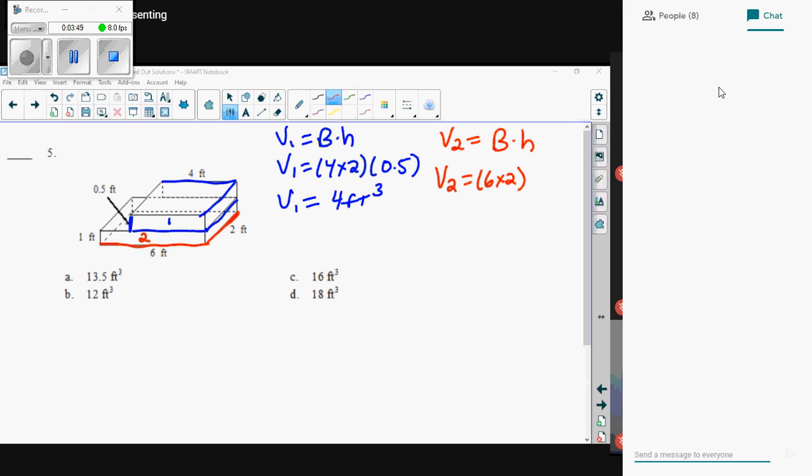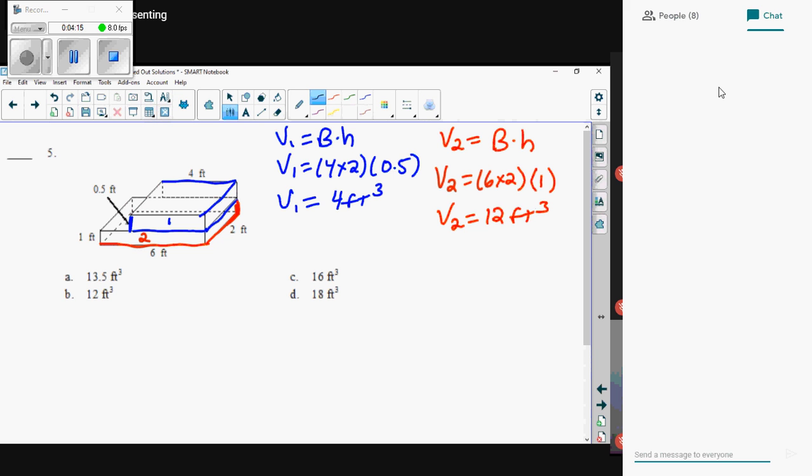Then the height is that segment here, and that segment is going to be 1 foot. So 6 times 2 is going to be 12. So volume 2 is going to be 12 cubic feet.